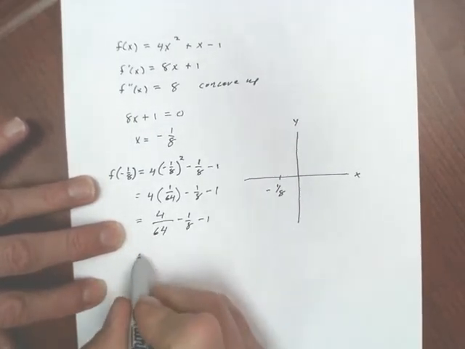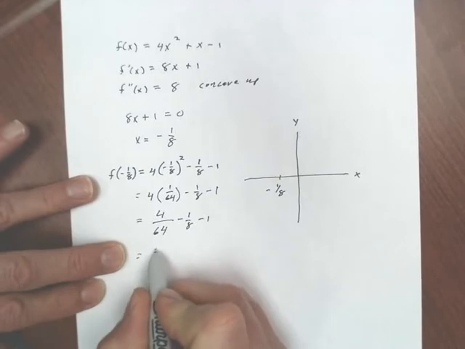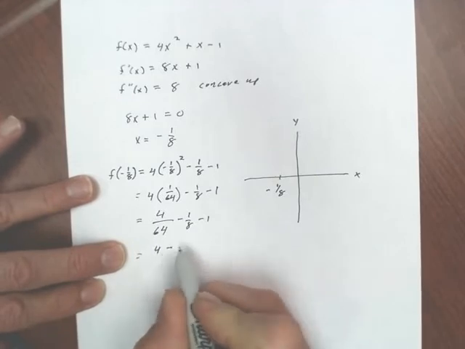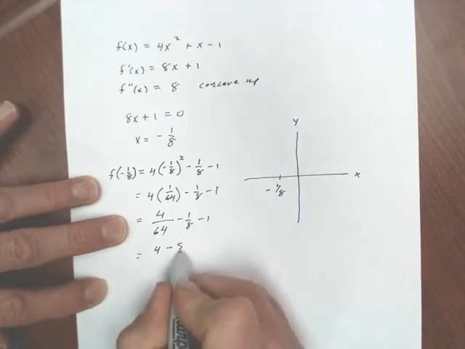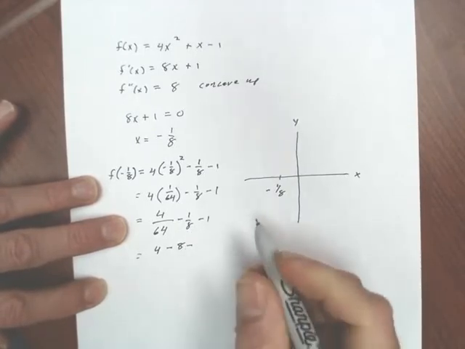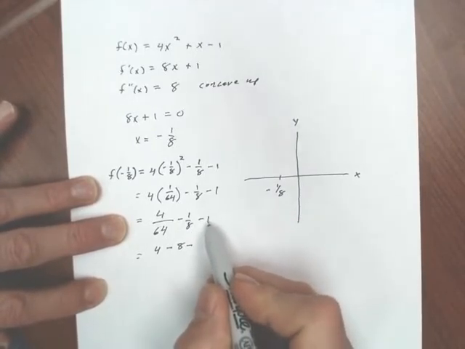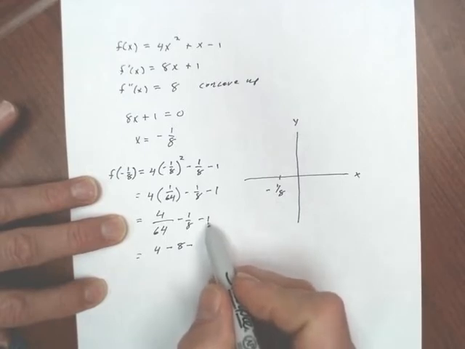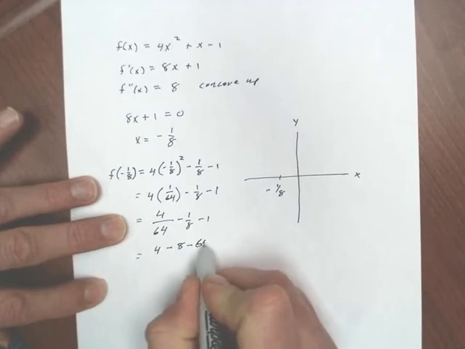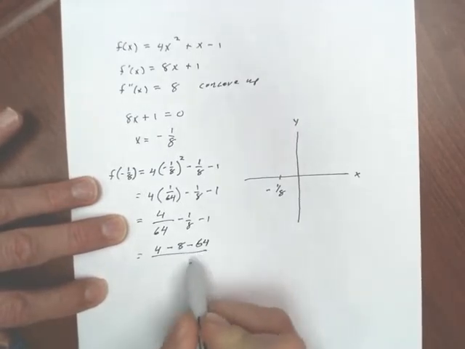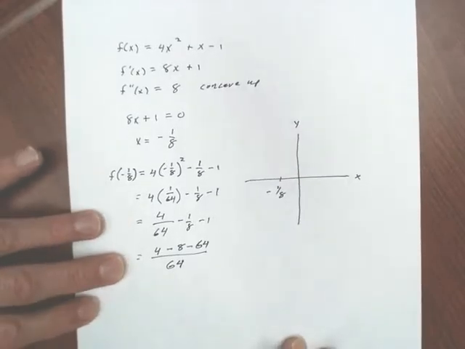Let's go ahead and find a common denominator and work it out in fractions all the way through. So that equals 4 minus, now 8 goes into 64 8 times, minus 8. And of course, 1 goes into 64 64 times. Divided by 64. Okay?